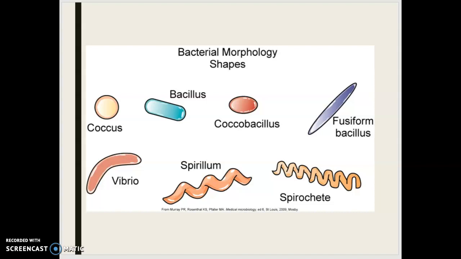So when you look at different types of antibiotics, you'll find that they cover different bacterial morphologies. And the morphology is described by the shape. So we have the bacillus, the coccus, the vibrio, the spirochete.